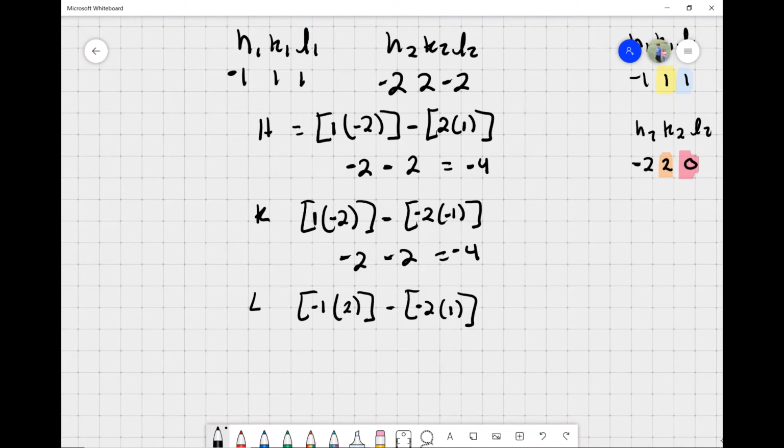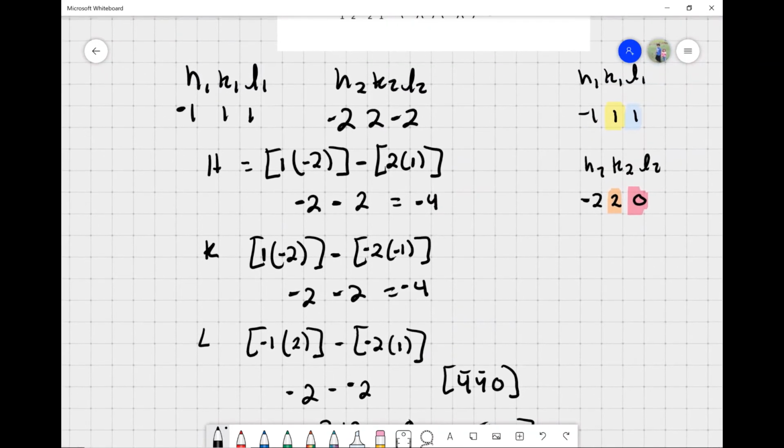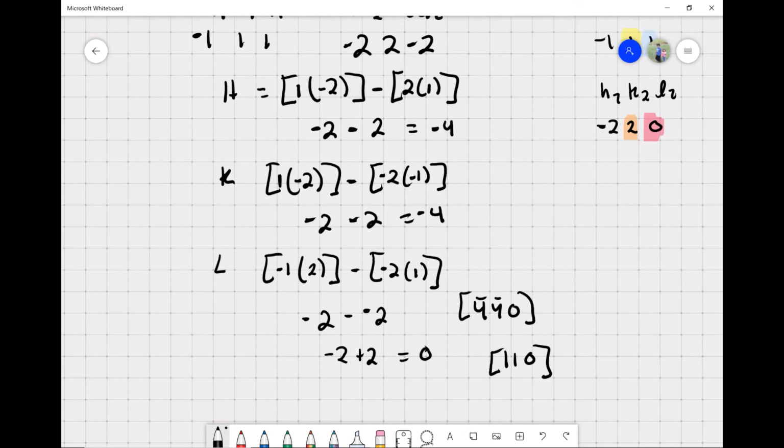And so this ends up being negative 2 minus 2, which is plus 2, really, and that equals 0. So now we have 4, 4, 0 as our zone axis, but then we can again write this as 1, 1, 0. Okay, so that's pretty much what we got on the previous slide.